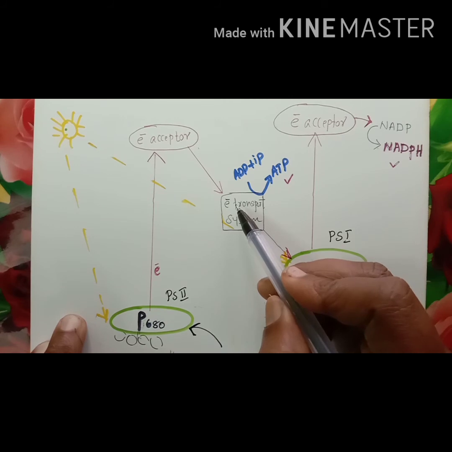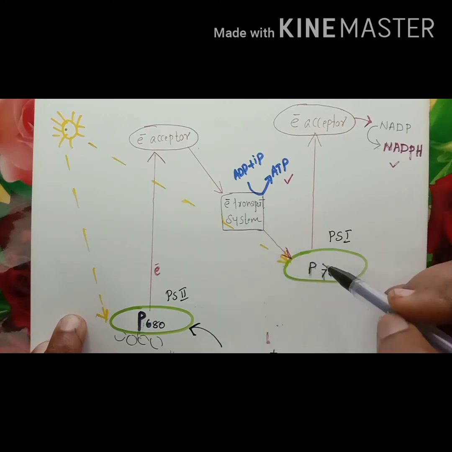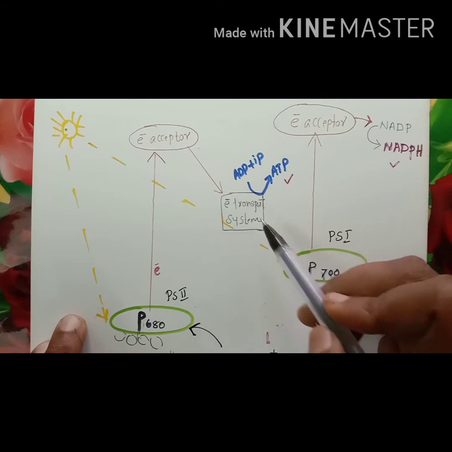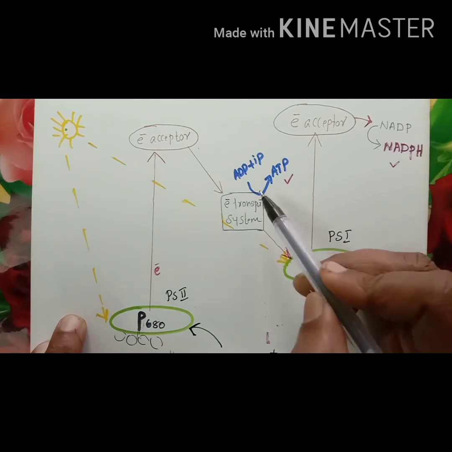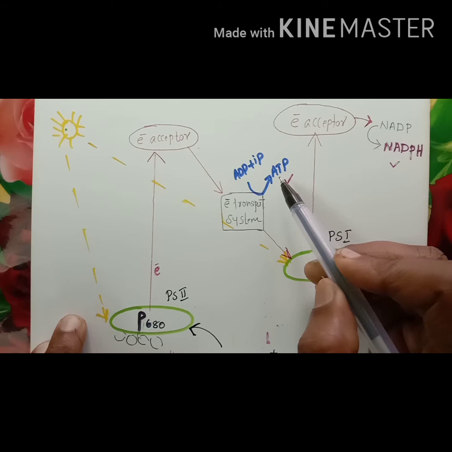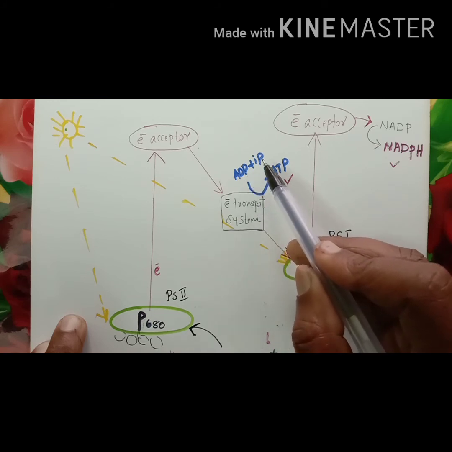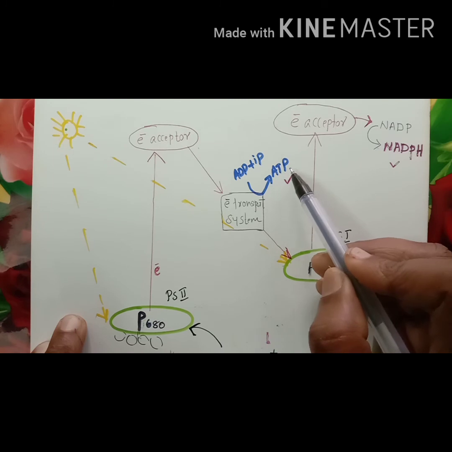And from the electron transport system, the electron moves down to the next pigment system, that is pigment system 1. At that time, when the electron is moving to pigment system 1, one molecule of ATP is formed. Adenosine diphosphate combines with one more phosphate to become adenosine triphosphate.